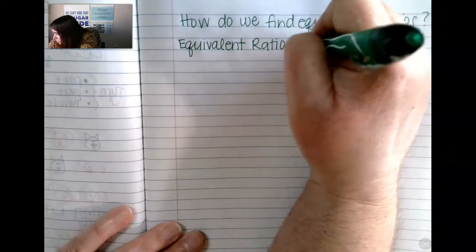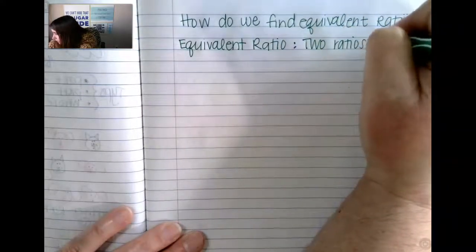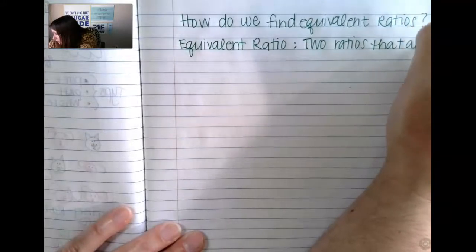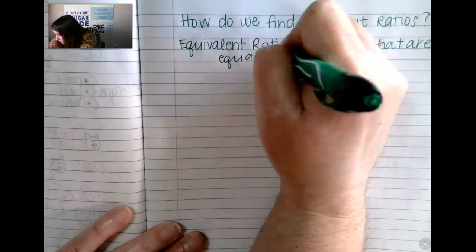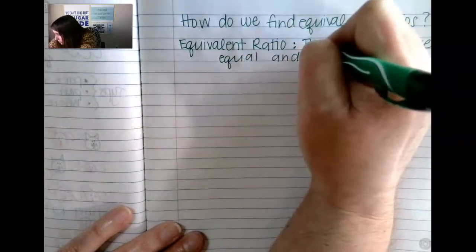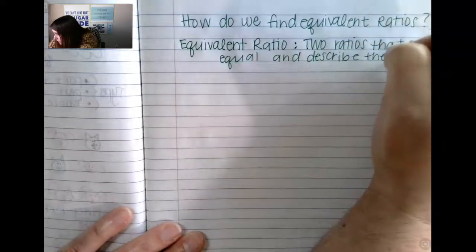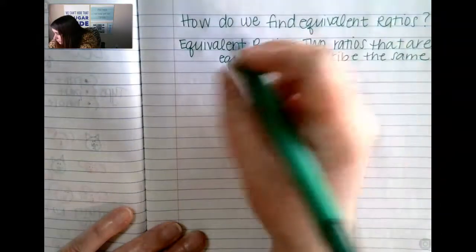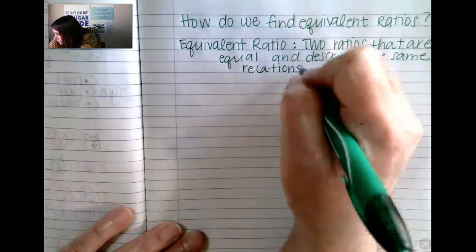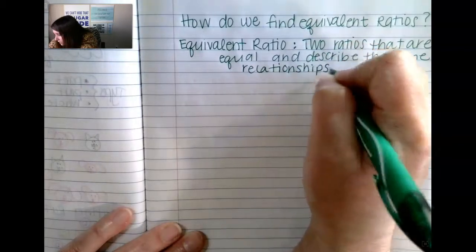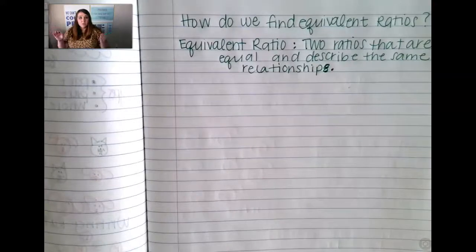So two ratios that are equal and describe the same relationship. We know that ratios compare two things, right?